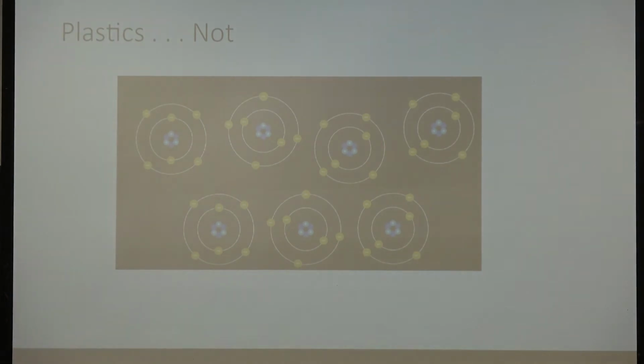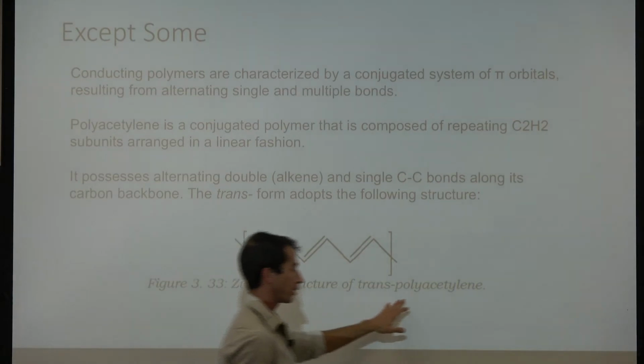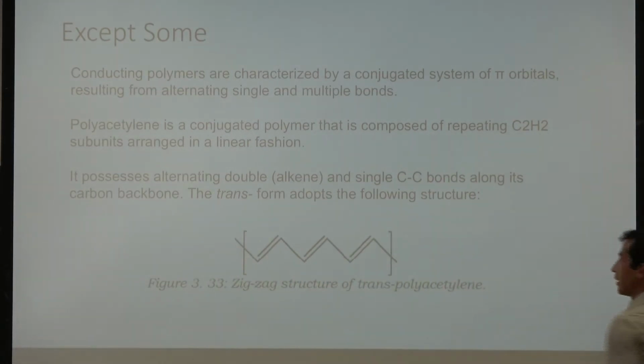And that they're confined to the individual atoms that make up the plastics, but in certain situations that's not the case. So conducting polymers are characterized by a conjugated system of pi orbitals alternating single and multiple bonds. So the example we're going to look at, and kind of the gold standard example, is polyacetylene.